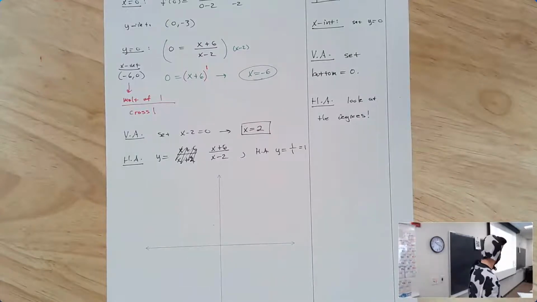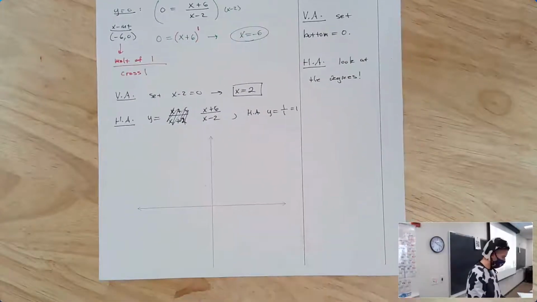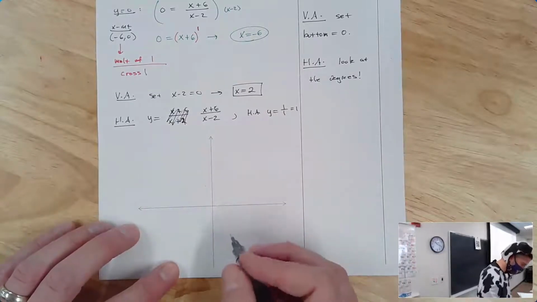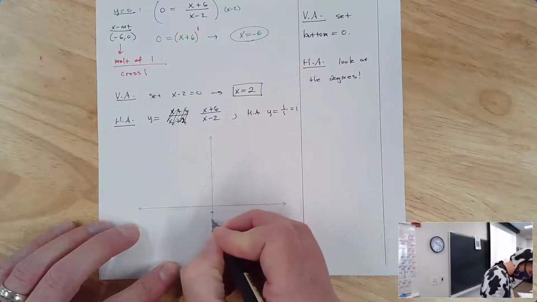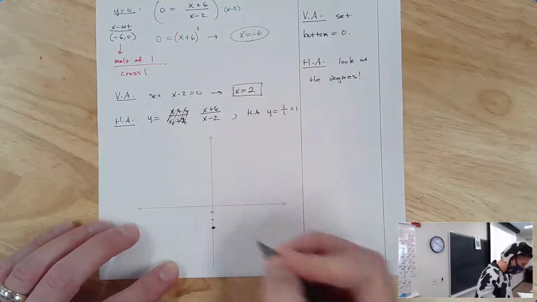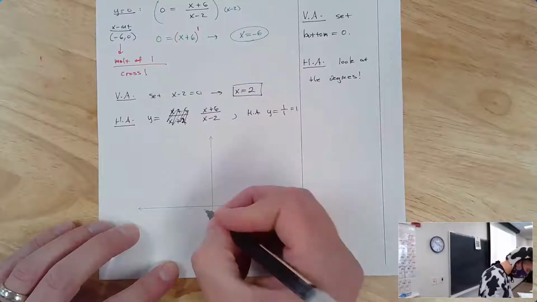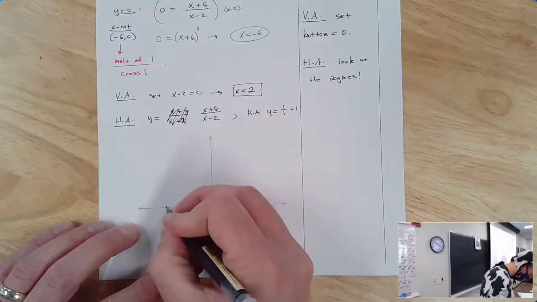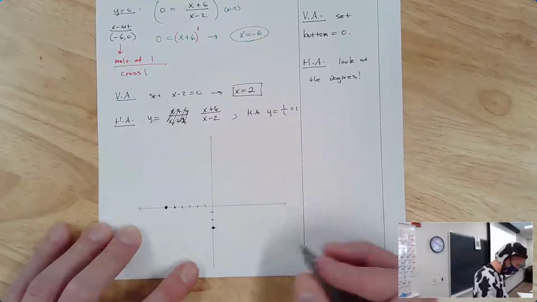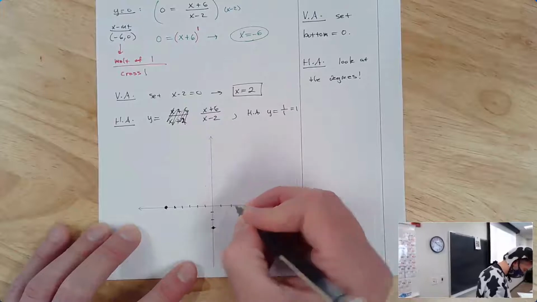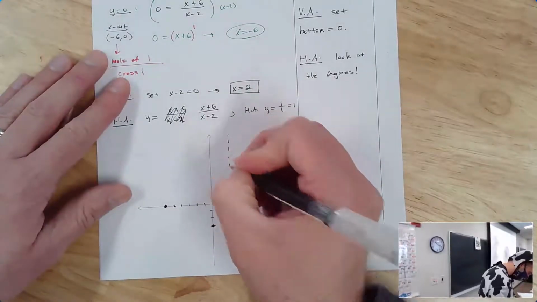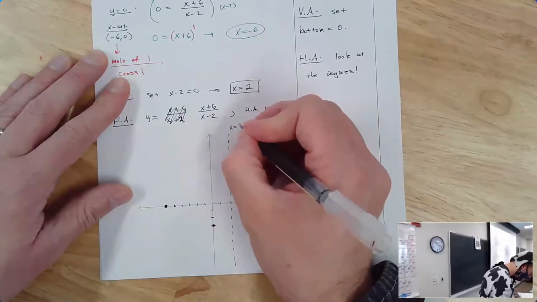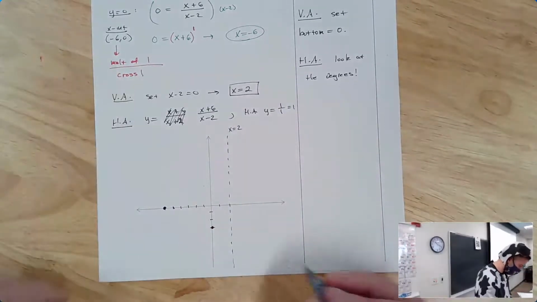And now we're going to throw it all on the graph. So I'm going to have a y-intercept of -3, an x-intercept of -6, a vertical asymptote of x equal to 2, which we typically draw as a dashed line, and a horizontal asymptote of y equal to 1.